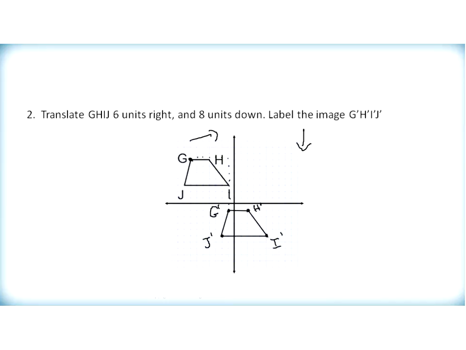The difference between J and I, and J prime and I prime, is 1, 2, 3, 4, 5, 6, 7 blocks. And the height between J and G is 4 blocks high, and same with H and I. So we have the exact same shape. It's just shifted 6 units right and 8 units down.